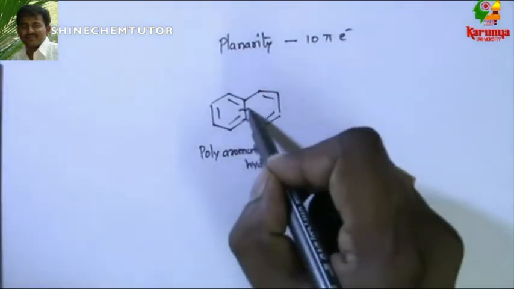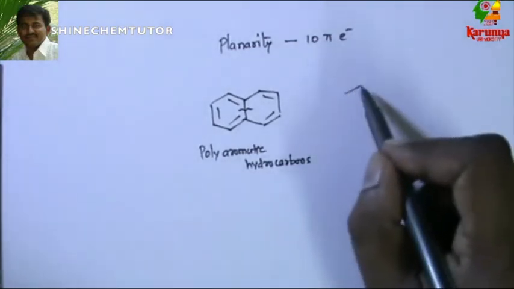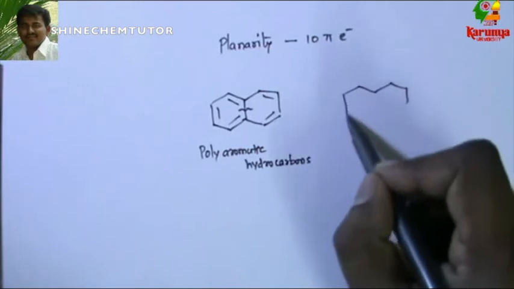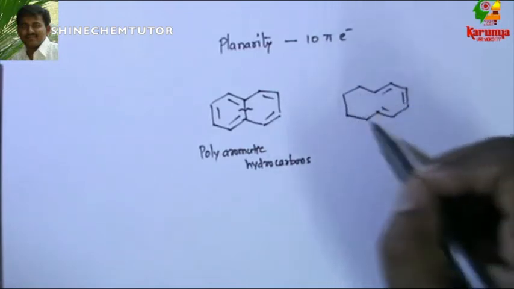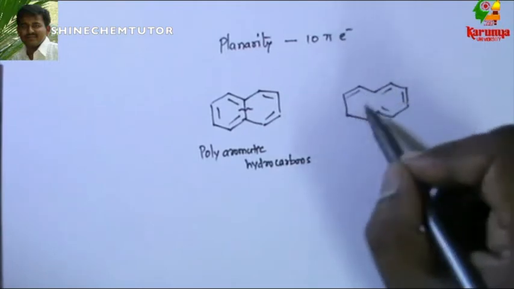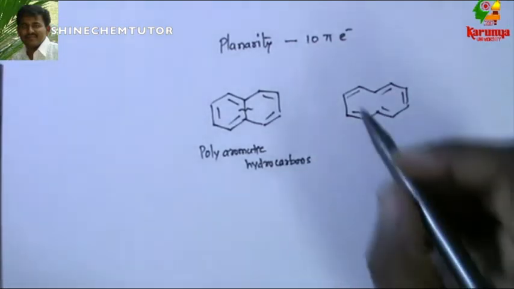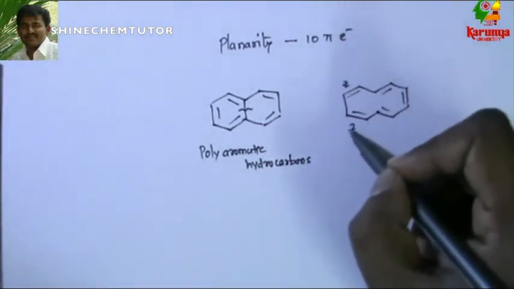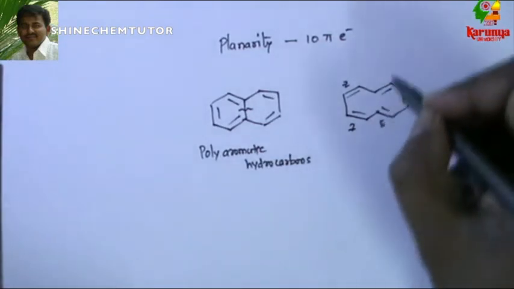If I break this bond, then what do we get? Consider like this. In this, the olefins are Z olefin, and these 2 olefins are E olefin.